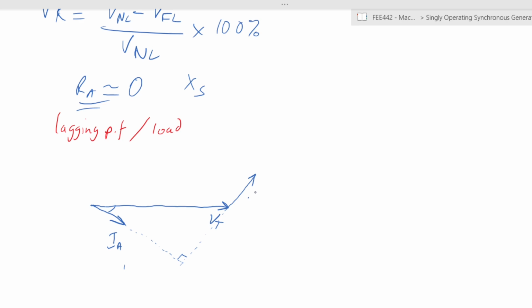Let's call it. In fact, let's exaggerate it a bit. Just for the sake of the diagram, let's say it is going all the way up to there. Just for the sake of understanding. And then, of course, your EA will have to supply both of them. So EA is somewhere there. Okay, this is jIAXS.